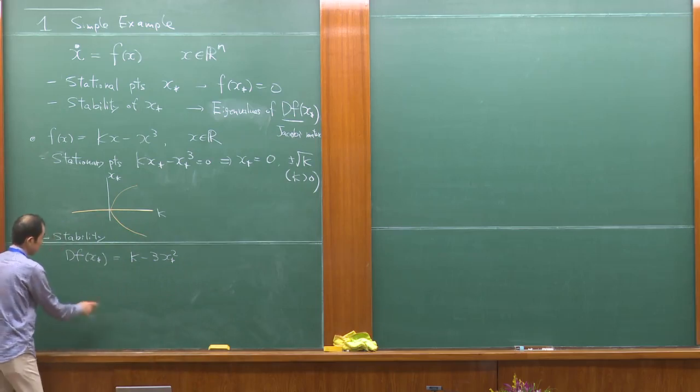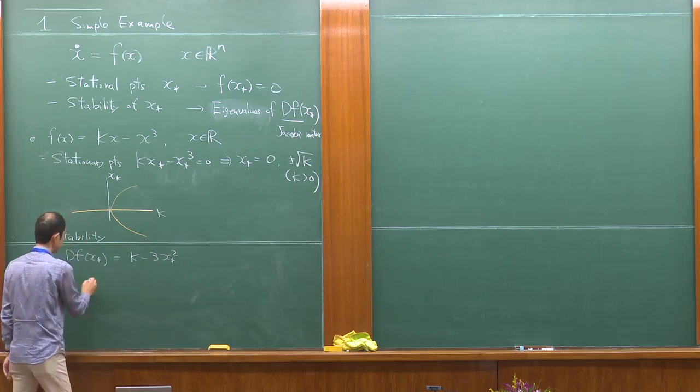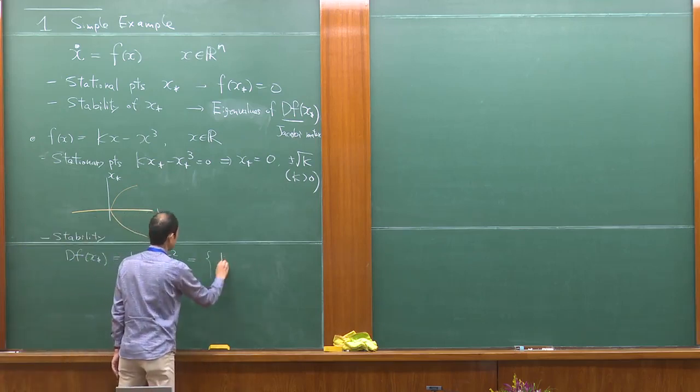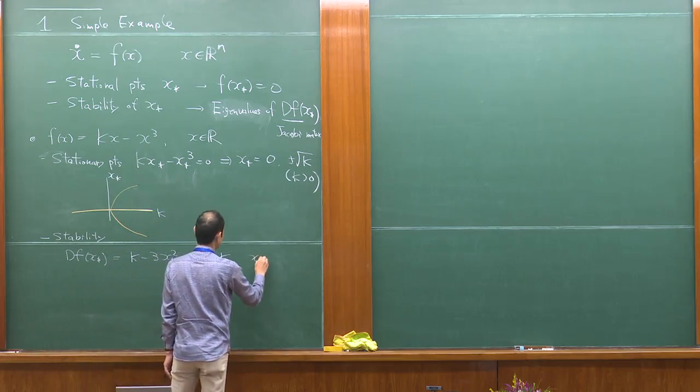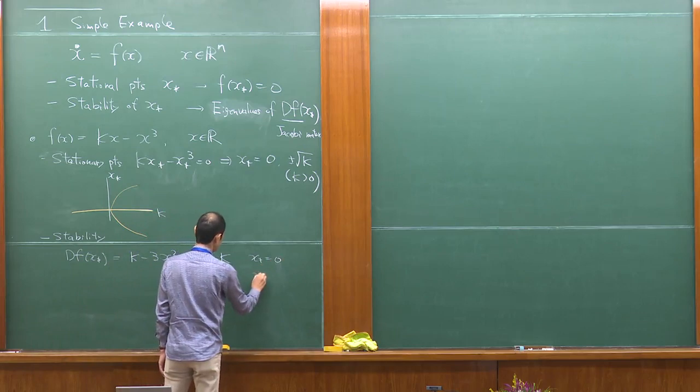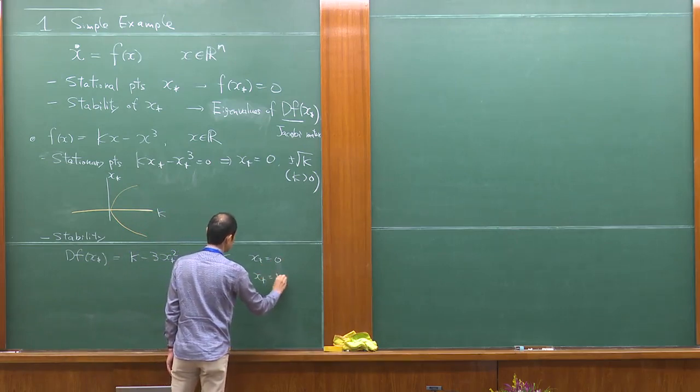So it is k for x star equals 0, and minus 2k for x star equals plus minus square root k.